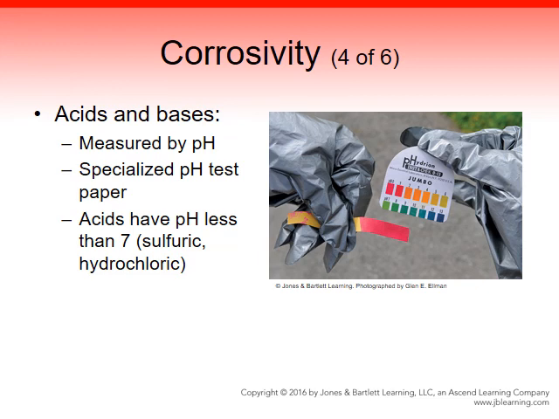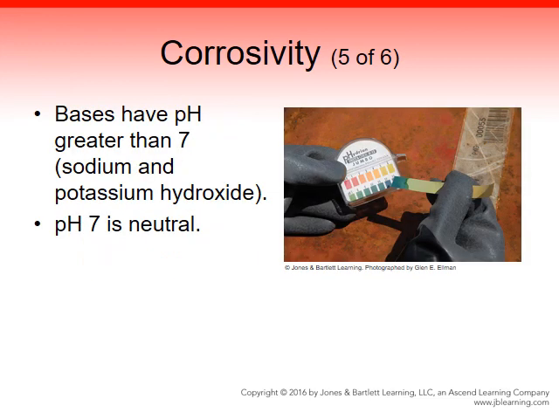A good example would be bleach. Bleach is a very alkaline substance, and if you put it on your finger, you would notice it's slick and slimy. Whereas if you put a more acidic substance on your finger, I don't recommend it, it's going to be more corrosive and start eating away at it.